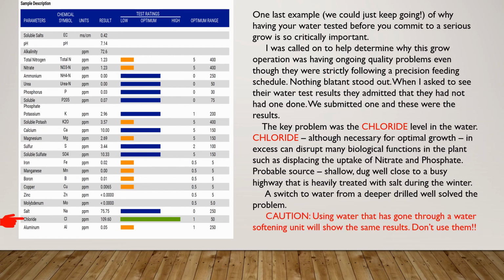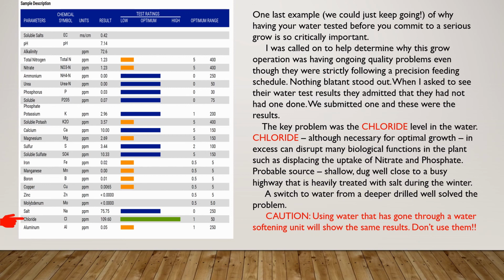A thing to keep in mind for any of you indoor growers is to make sure that the water you're using to water and feed your plants is not going through a water softening unit. Water softening units are what we call ion exchange units.